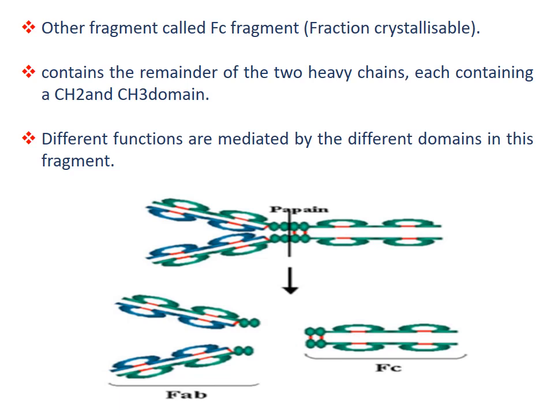Now we have already discussed this in your previous slide, that there are FAB and FC portions. The FAB portion is composed of the variable region of both chains and constant region 1 of the heavy chain and the constant region of the light chain, and the CH2 and CH3 domains of the heavy chain fall under the FC fragment, or fraction crystallizable.